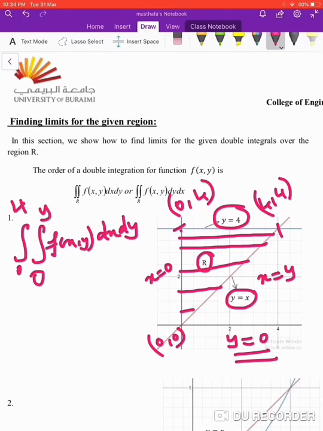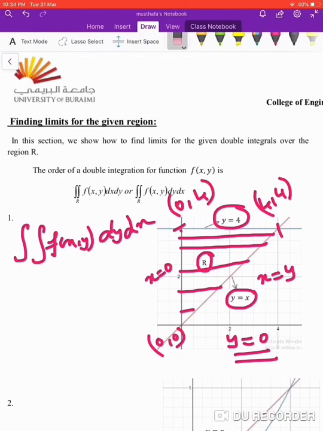Now let us see the same region and how the limits will be for the order dy dx. So let me change the order of the integration to dy dx.